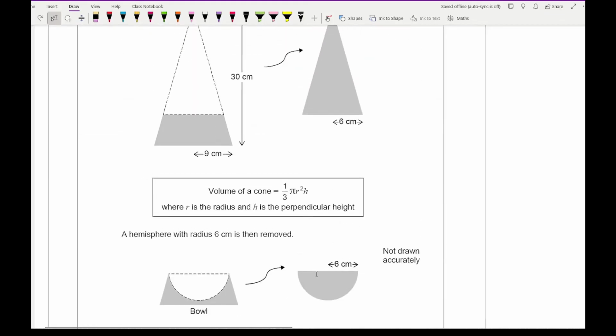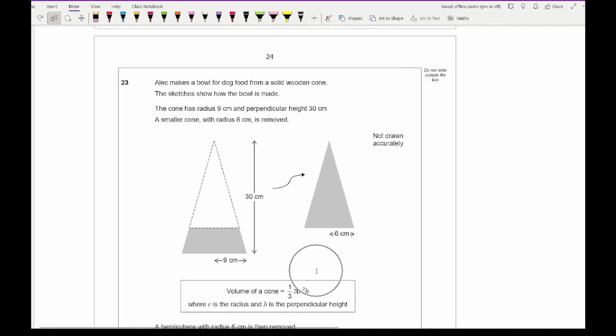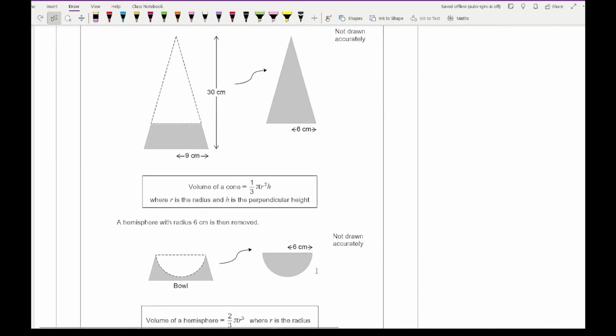For this, I'm going to zoom out so that we've got both of these on course. What we need to do is work out the volume of this bottom bit. These two triangles are going to be similar because it's taken from the same triangle.